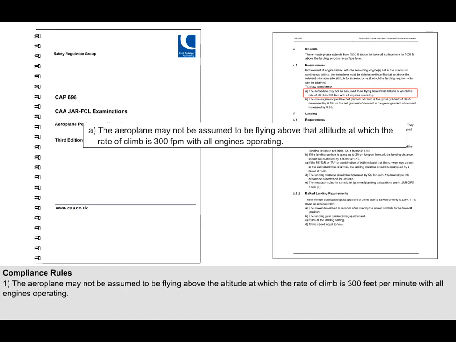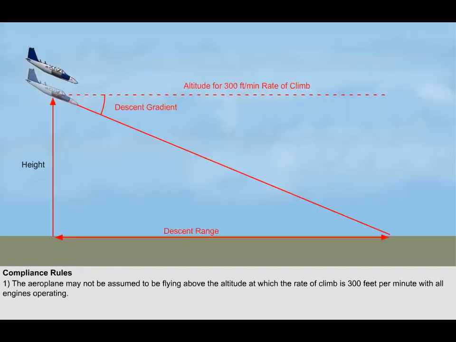You may recall from the single-engine en route lesson that this doesn't mean the aeroplane cannot operate higher than this altitude. It most certainly can. What the compliance rule means is the aeroplane must not use the extra altitude above the 300 feet per minute altitude to gain extra range to help comply with landing at an airfield after engine failure.